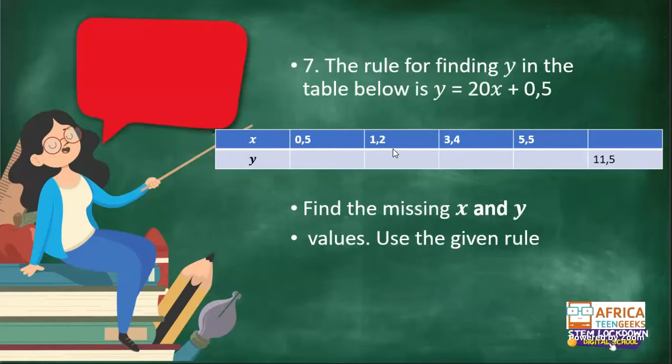We have 20x. If x is 1,2, what will be the value of y? Obviously, we must multiply 1,2 by 20, and then you add 0,5. So let's go now to Junior. Junior, please go ahead. So the answer will be 24,5.